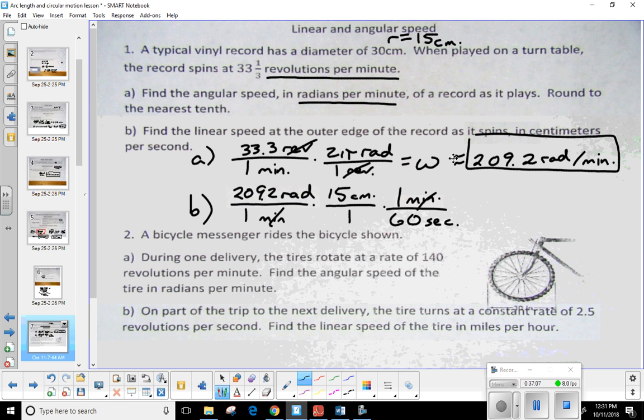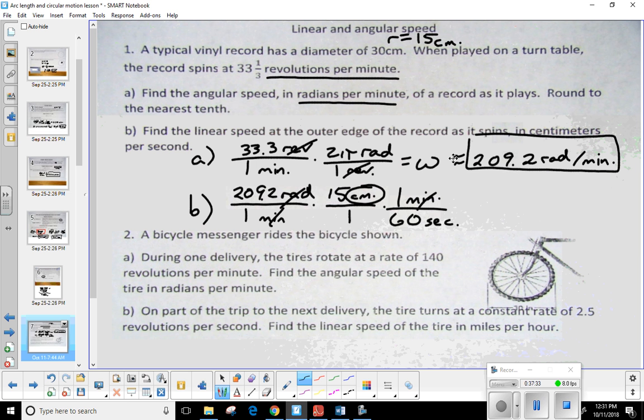Now here's the thing about the radians. Once you multiply by the radius, the radius is always going to have a unit of measure with it. So the radians just disappear because now they have a length that you can associate with them. So all we have to do is take 209.2 times 15 and then do what? Divide by 60.